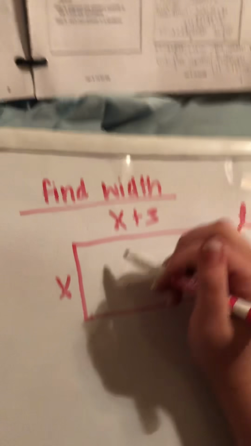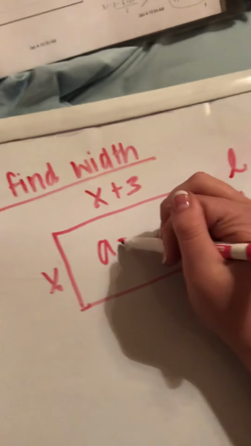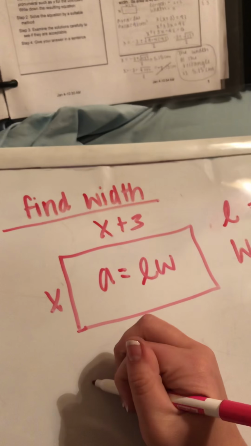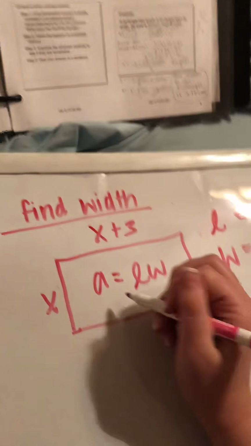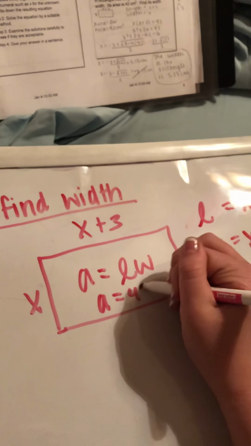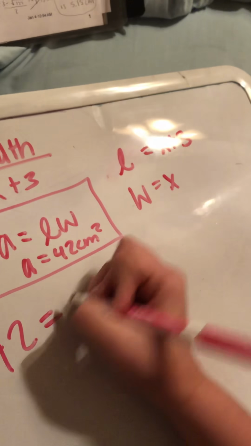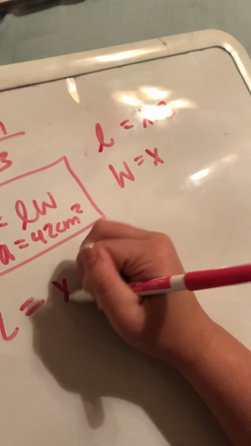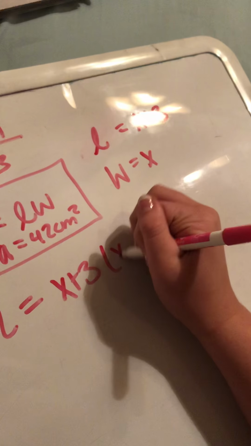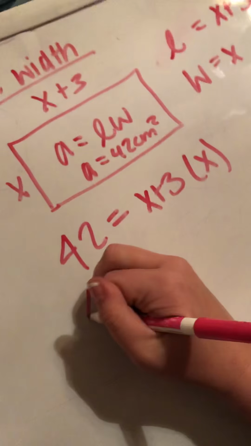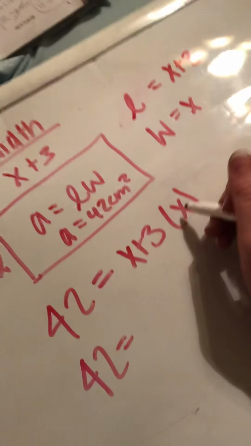The area of a rectangle is length times width. I forgot to tell you, it tells you that the area is 42 centimeters squared. So you would just plug it into the equation: 42 equals length times width, and solve for x.